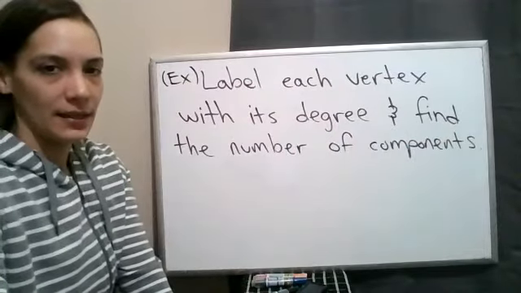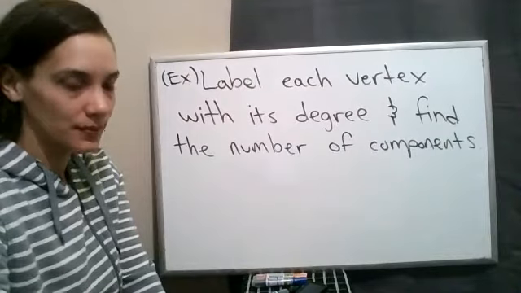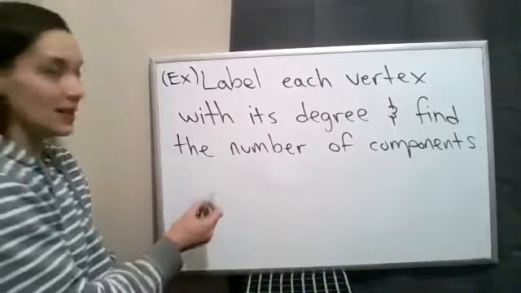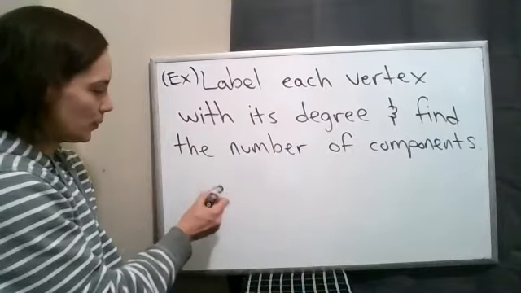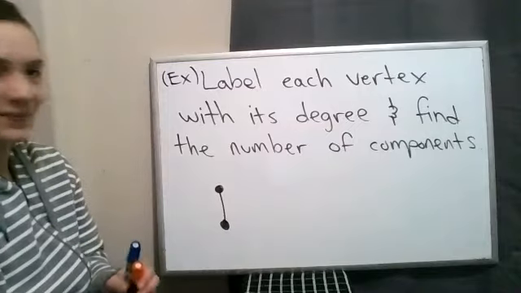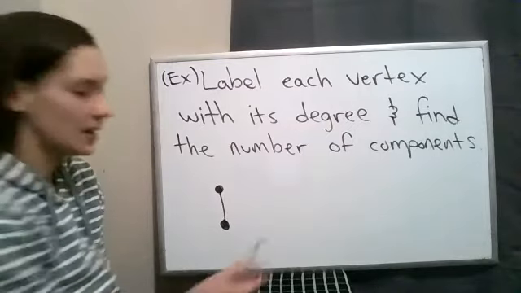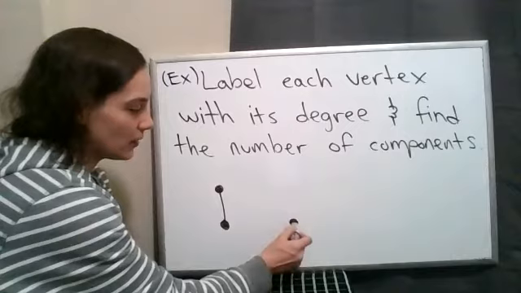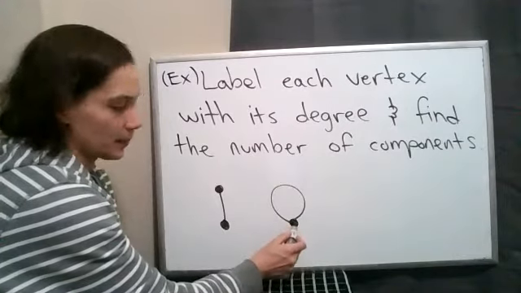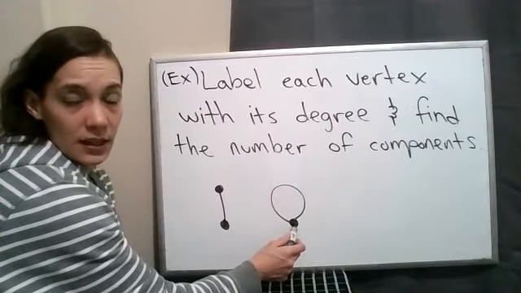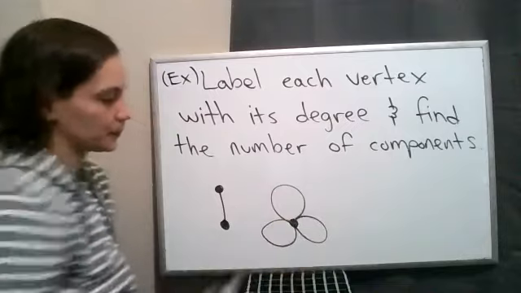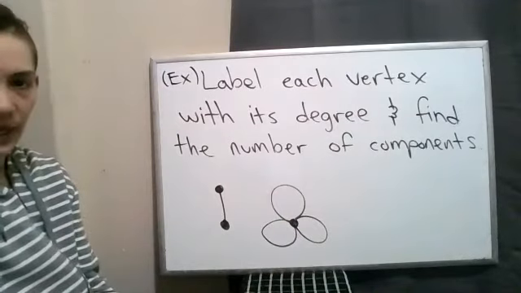So let's get that graph. We'll start on this side with a vertex that connects to another, and go over and draw a vertex with a loop. Let's just do another loop and another loop.